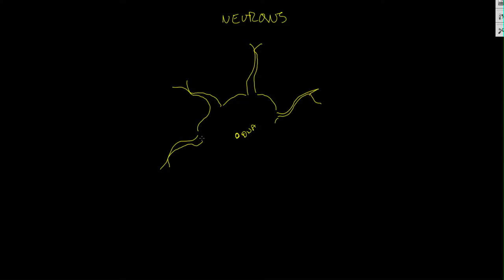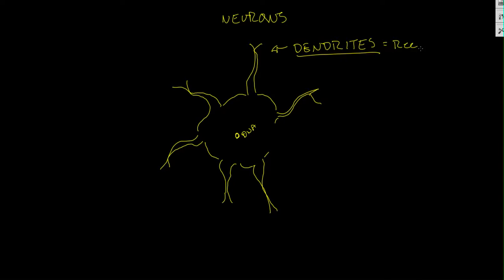And these are our dendrites. And this is what connects to other neurons to bring in impulses. So we have our dendrites, and they receive information.